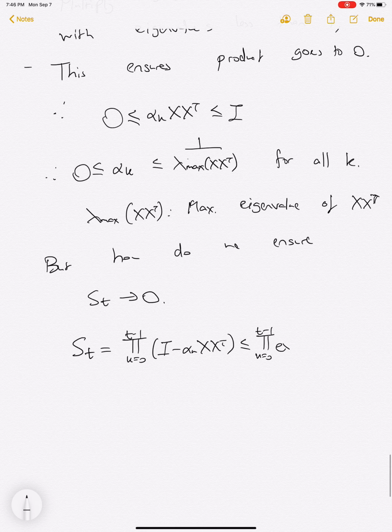So basically, if you choose a step size that's so big, you could imagine overshooting the minimizer and going to the other side of it, and then you'll never really converge.